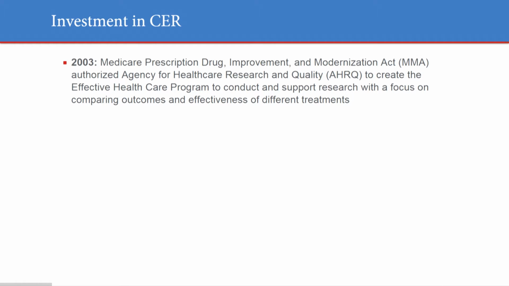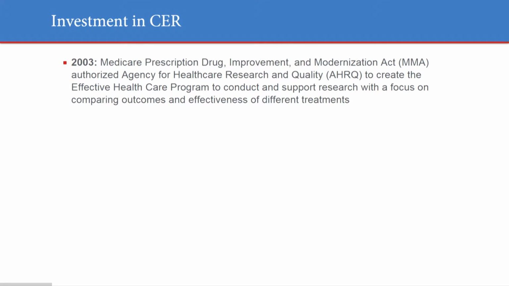There's been a lot of interest in comparative effectiveness research because the U.S. government has invested quite a bit of money over the past decade to have a research emphasis in this area. In 2003, under the Medicare Prescription Drug Improvement and Modernization Act, the Agency for Healthcare Research and Quality, or AHRQ, was authorized to create the Effective Healthcare Program.